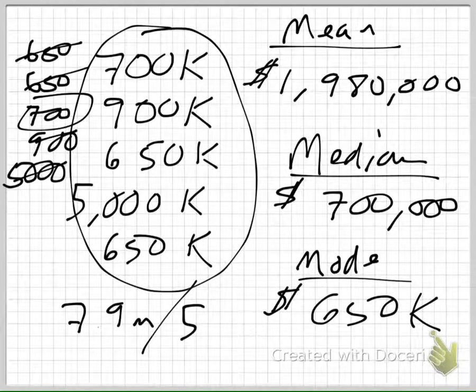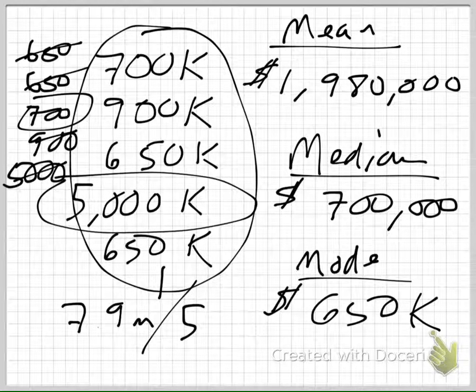If you added that to your list, it would skew the list way down. If we did the average of these houses, it would be way down, right? That $1 isn't normal. It's an outlier.